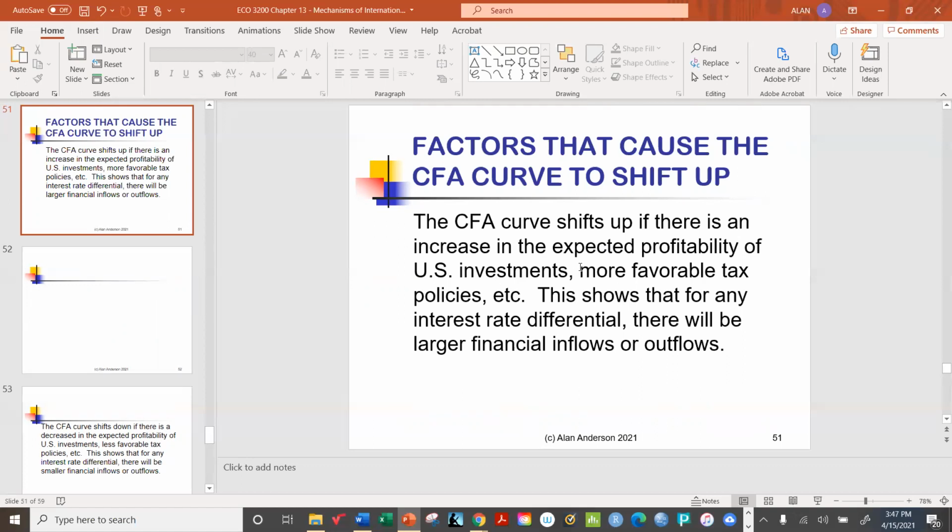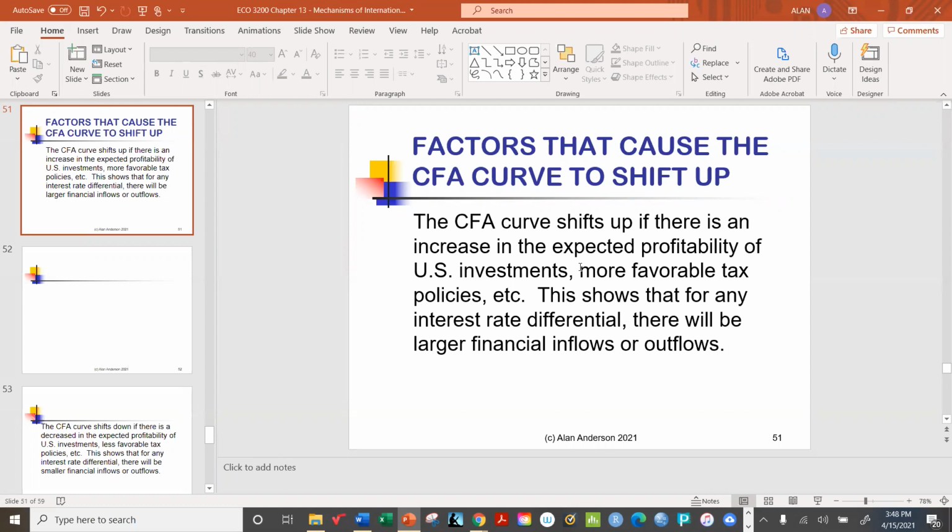Or how about tax policies? What if the US government suddenly declares that foreigners don't have to pay taxes on any of their profits? In fact, I'm not even sure how that works now. It's kind of a sticky situation with taxes and foreign countries. Countries usually have treaties with each other that regulate how they collect taxes from each other.